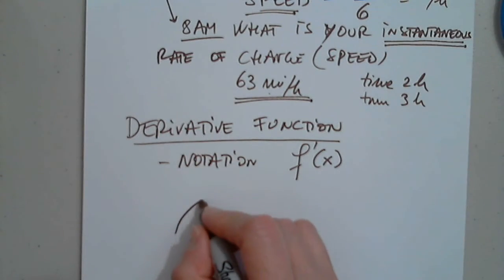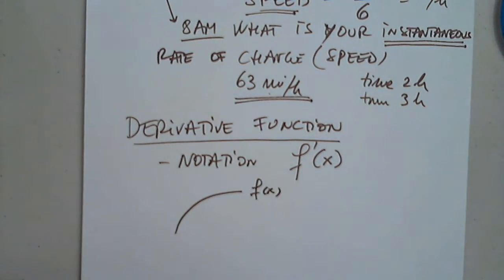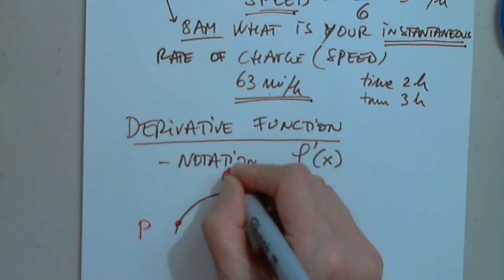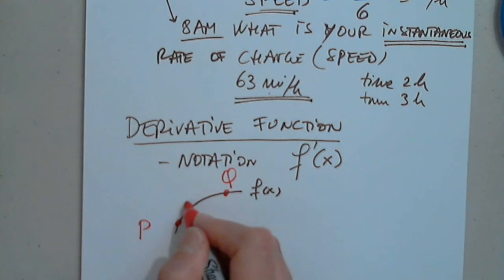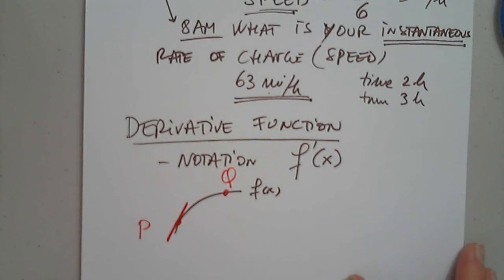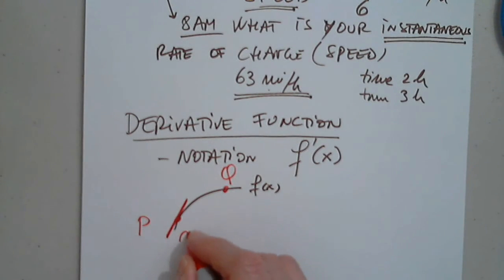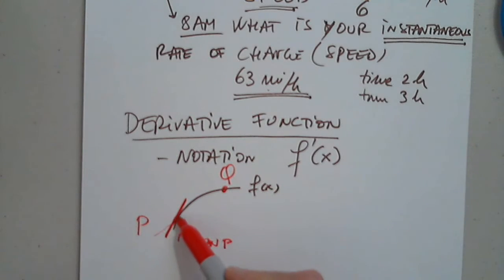So let's look at our function from before, in which we had right here point P, and then we had point Q, and we really wanted to determine the slope of the tangent line at that point. We wanted to find the slope of the tangent at P. We didn't care that much about the average rate of change between Baltimore and New York.